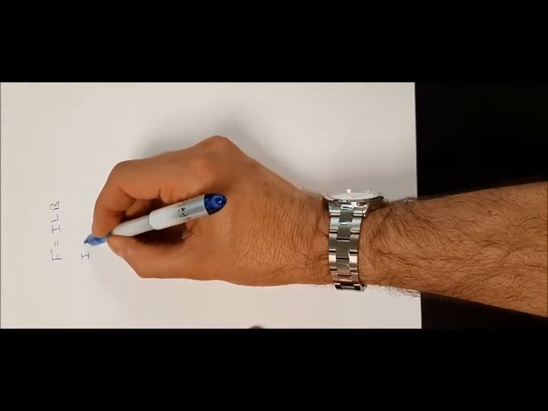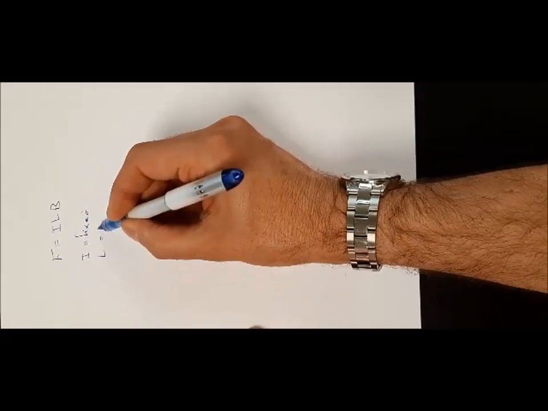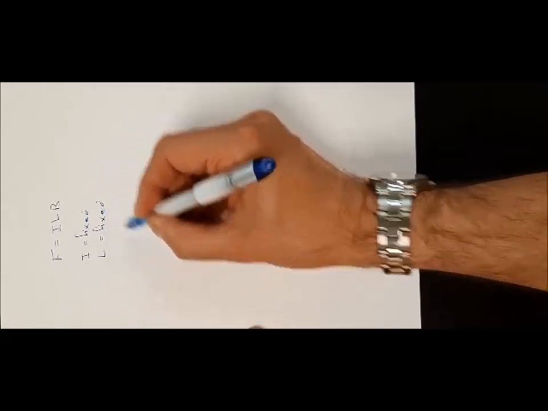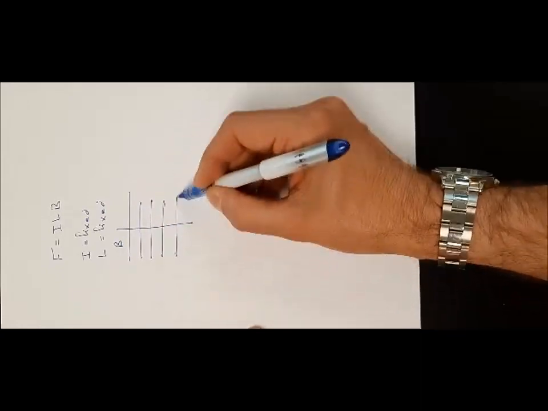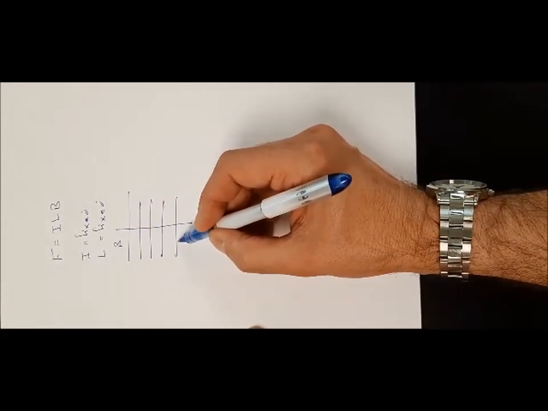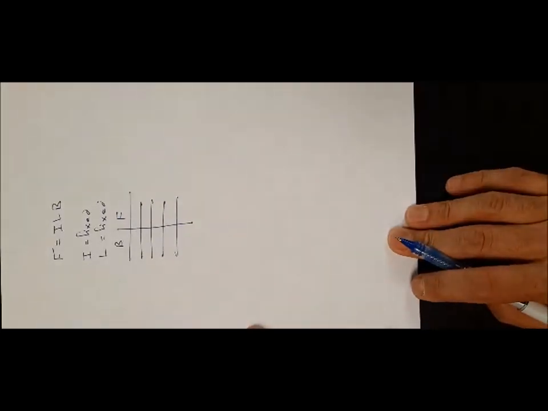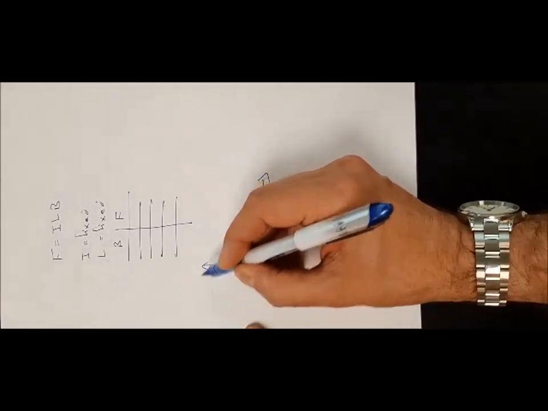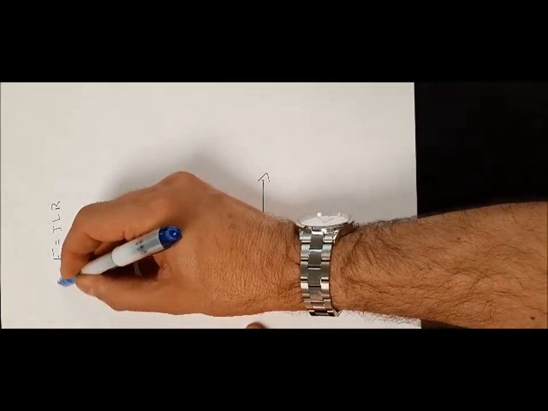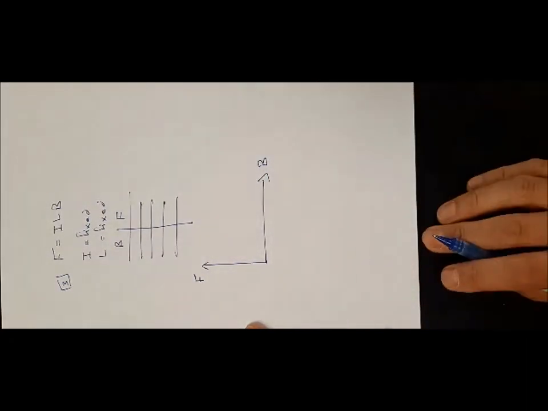So we'll use a fixed value of the current and the fixed value of the length, but we will use several values of the magnetic field. And for each magnetic field, we will measure what is the force on the wire. Then we make a third graph. We put the force, this is part 3, we put the force on the y-axis and the magnetic field on the x-axis.